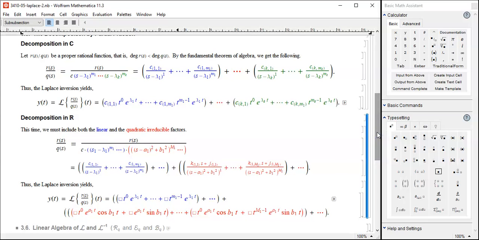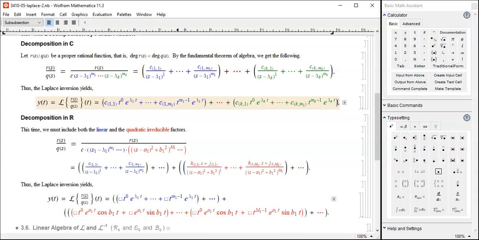In the complex case, everything can be factored completely into linear factors. So look at this in the denominator, and then consequently, we'll have partial fractions like these. And consequently, we have this kind of linear combination.